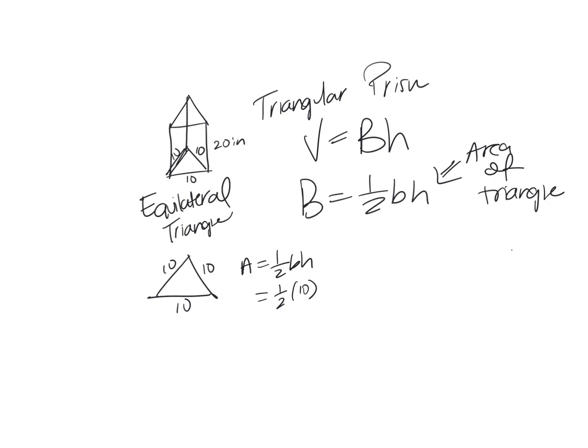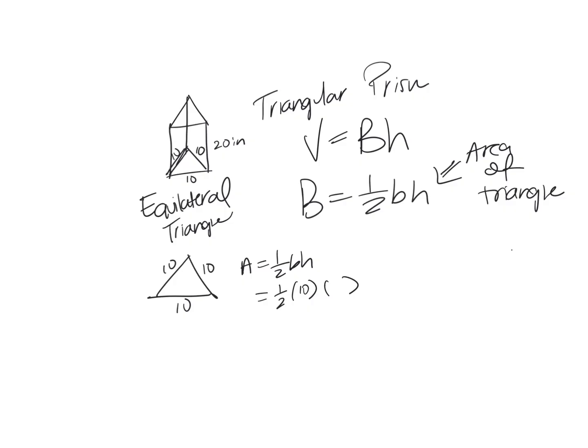Notice this is a lowercase b, so it's just one dimensional, it's not area. And what is the height of this triangle? Is it 20? Is it also 10 or no?